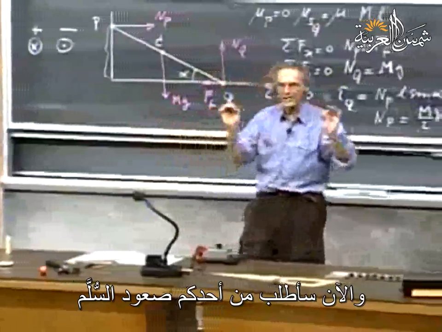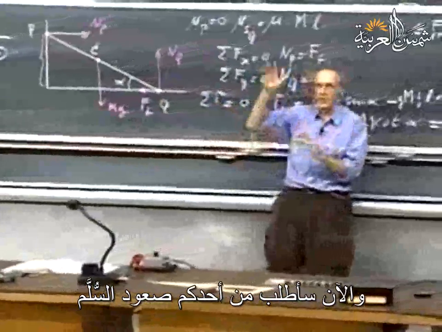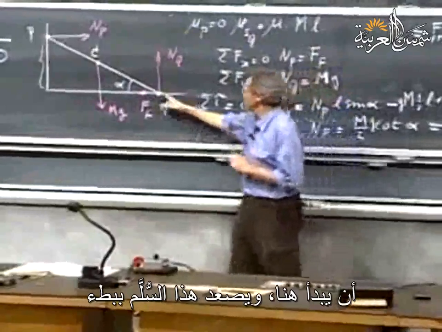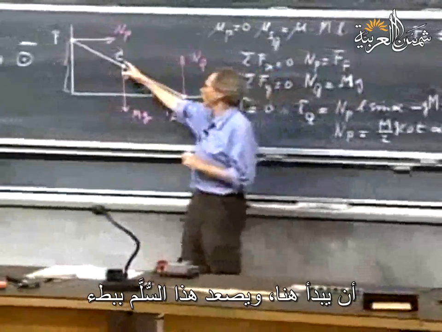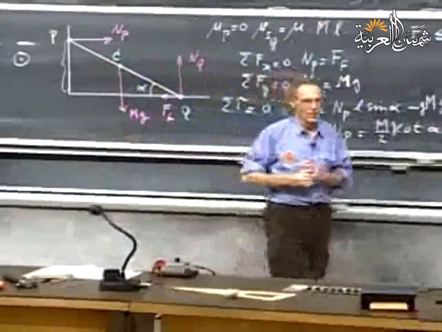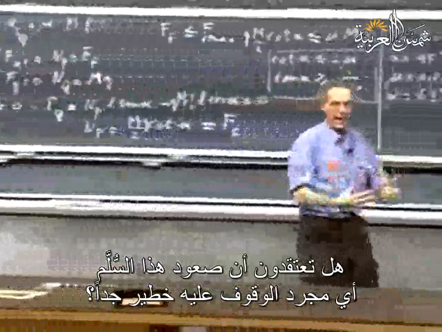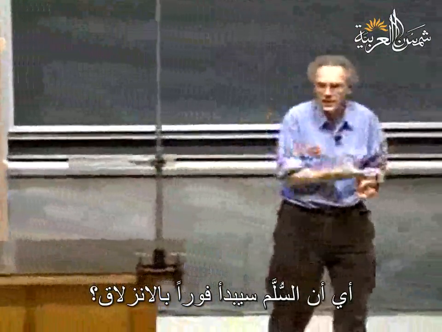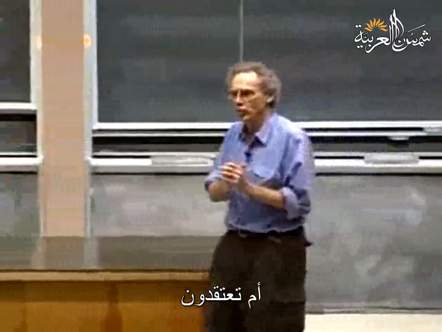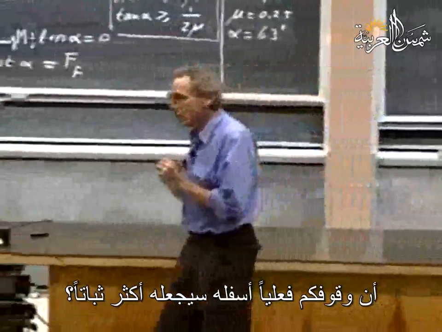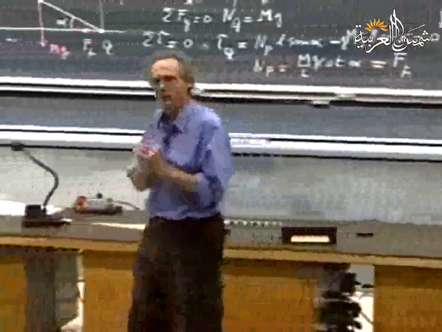And now I'm going to ask one of you to walk up that ladder, to start here and slowly walk up that ladder. Do you think that stepping on that ladder, starting off, is super dangerous, that the ladder immediately will start to slide? Or do you think that actually your being at the bottom will make it more stable?